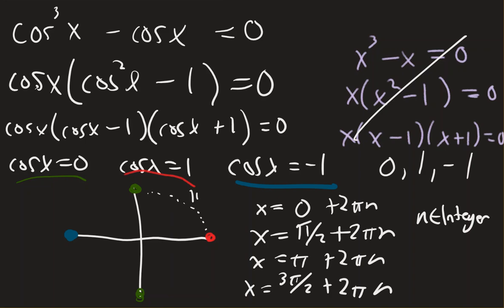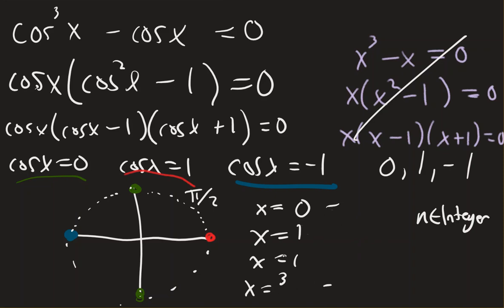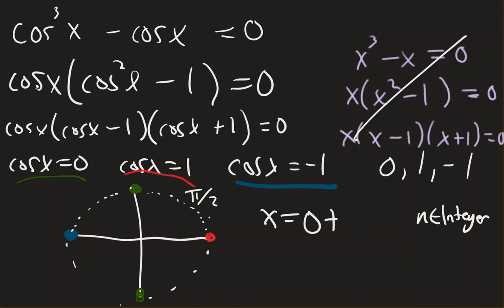So notice these are spaced out by pi over 2 radians, but so are these, so are these, and so are these. So if these are all spaced out evenly, I can rewrite all of that into just one neat little statement. So I can start with the first one, and then I can say, instead of going plus 2 pi in, just go however much to get to the next one.